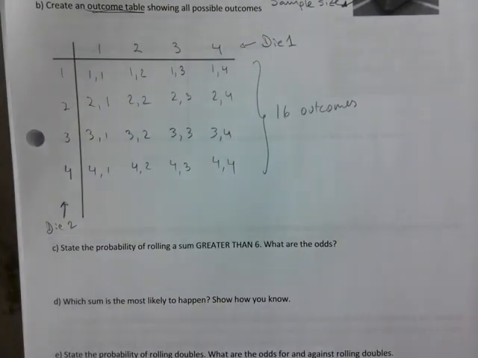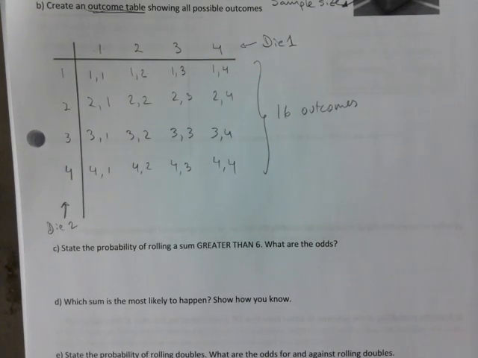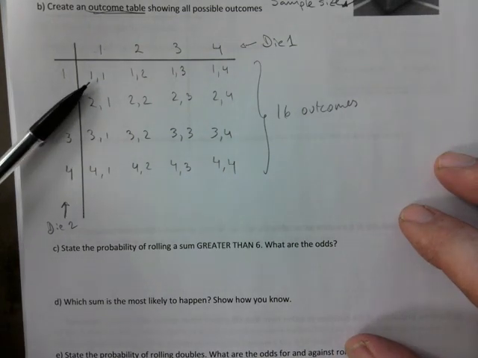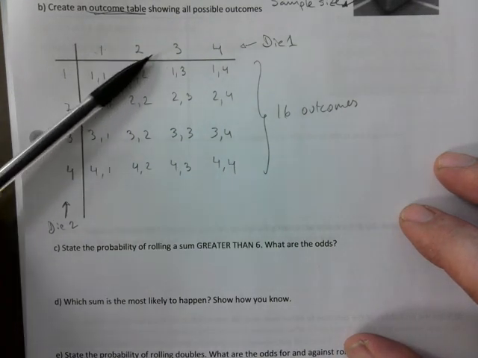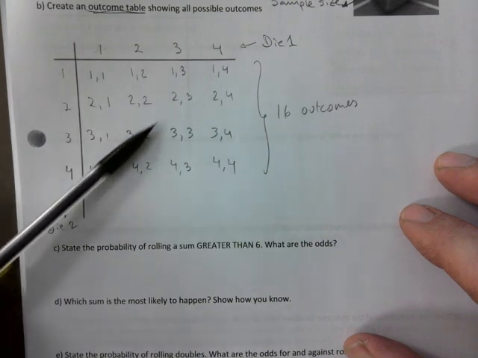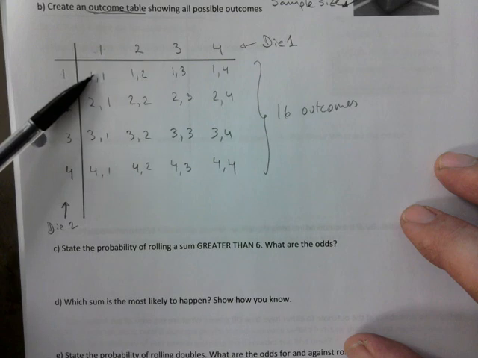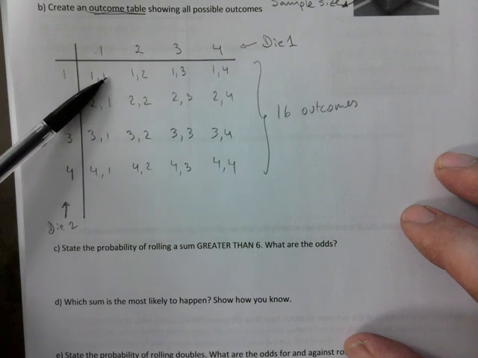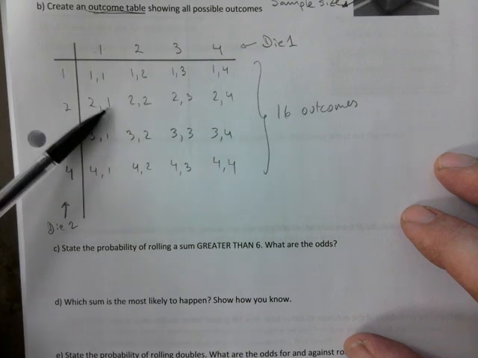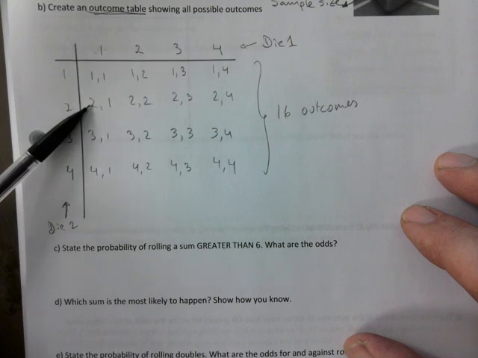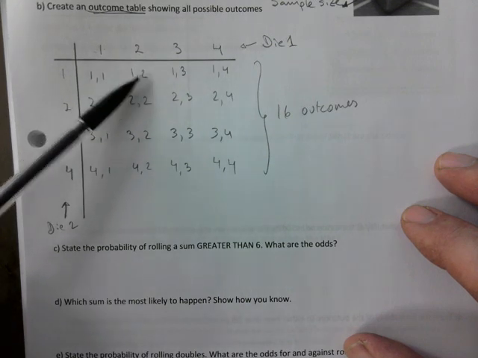Maybe I will tell you a pattern. I have a feeling some of you have seen it, but just come with me for a ride here. There's a pattern when you look diagonally at this outcome table. For example, this would give you 2. If you were to add 1 and 1, you get 2. If you were to add 2 and 1, you get 3. You also get 3 here, 1 and 2.